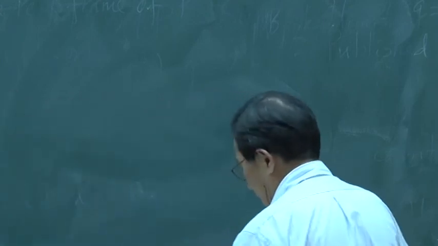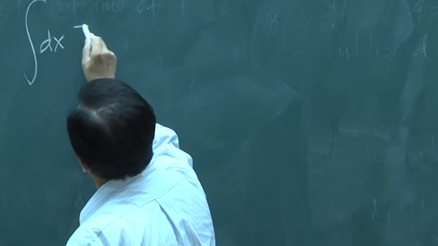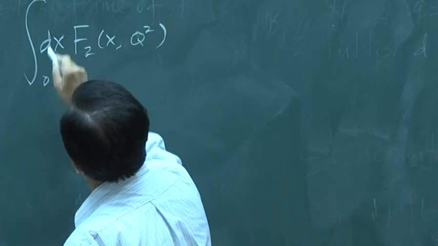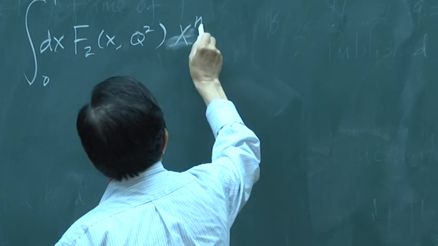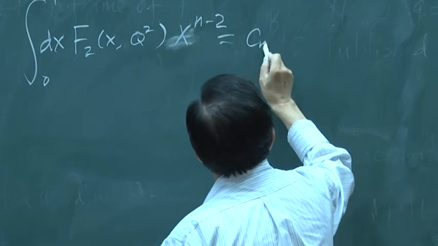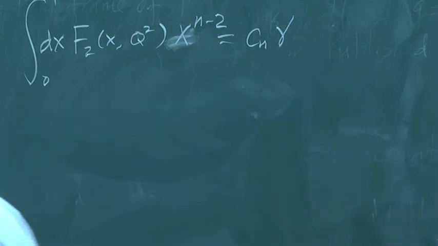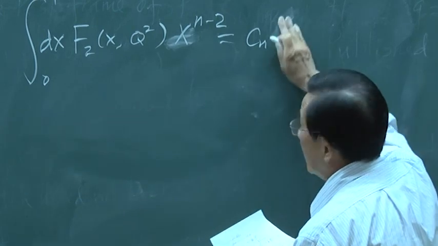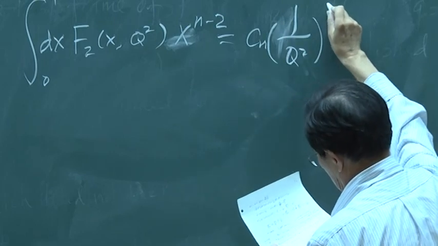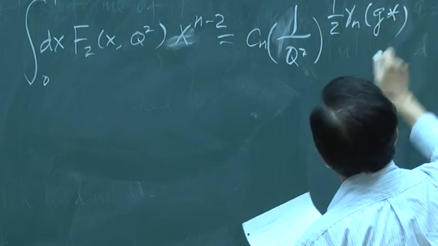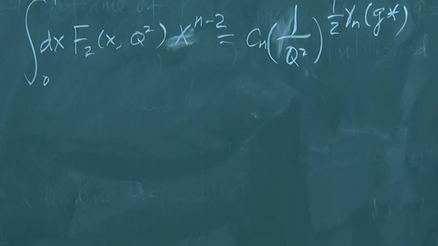So let's continue. Let's repeat what I did here. So this assumes that G star is nothing.